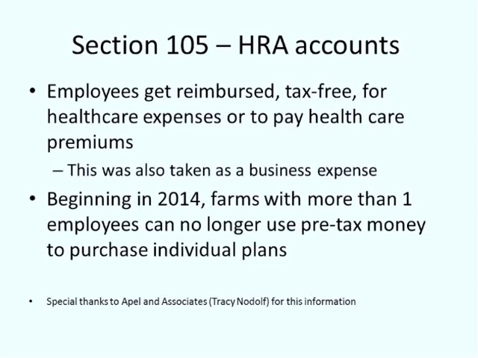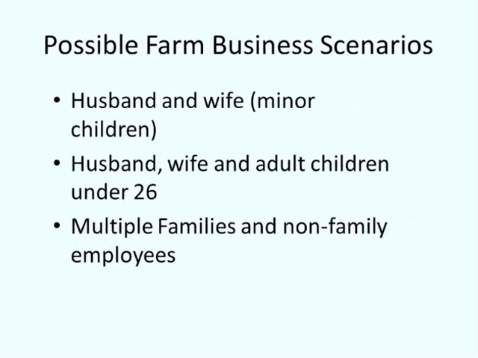But any more than the one employee, and they won't be allowed to do it any longer. So it's something very good to talk to your tax preparer about. There are many companies that manage these Section 105 plans for small business owners and farmers. You'll want to speak with them ahead of time so you know what your situation dictates.